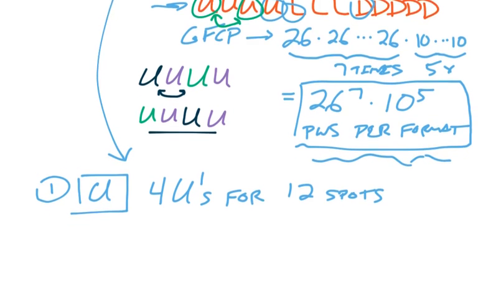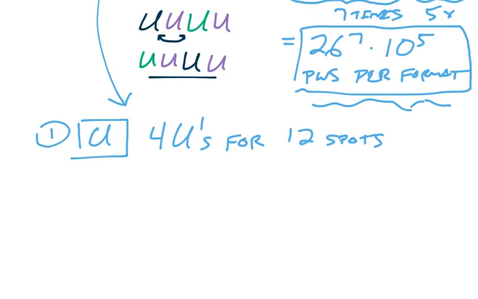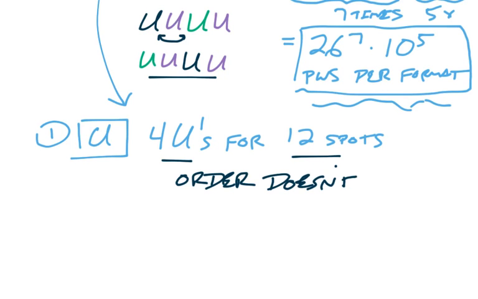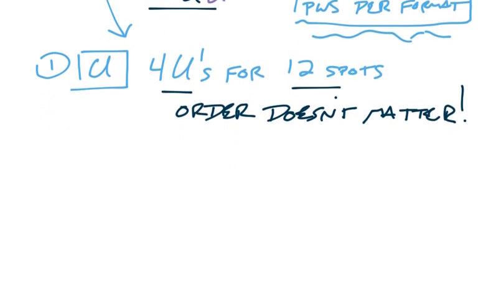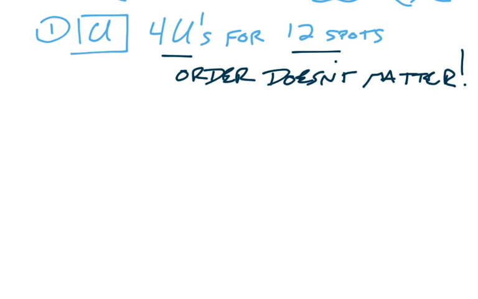All right, so the point that I'm making here is that we have 4 U's for 12 spots, and the order doesn't matter. The order in which we list these U's does not matter. So what that tells us is that the number of ways of doing this will be 12, the number of total spots available, choose 4.